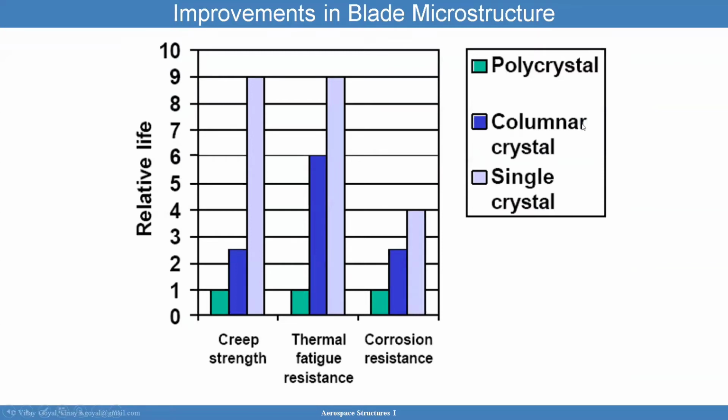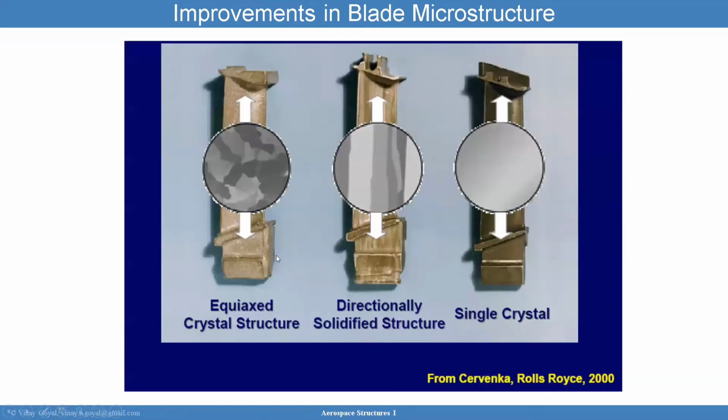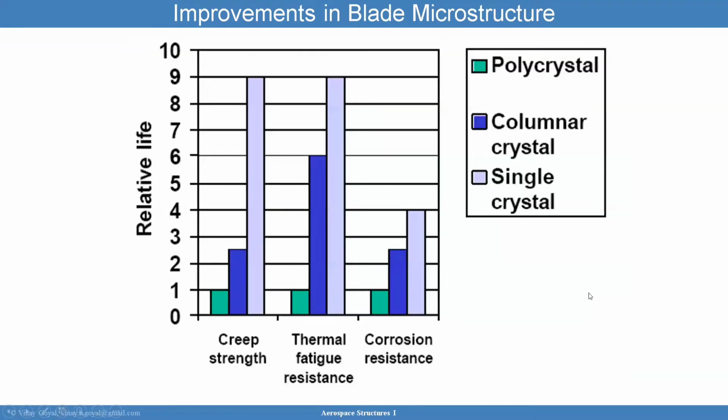And you can see that here. If I have a single crystal, I have better corrosion resistance, better thermal fatigue resistance, and better creep resistance. So there are people looking at pushing everything to the right to then give you the performance I need for engine design.